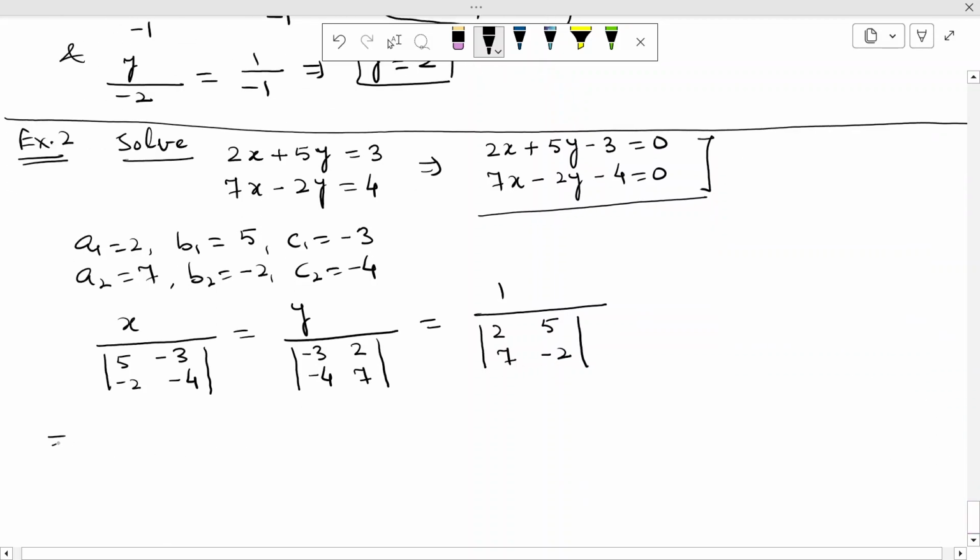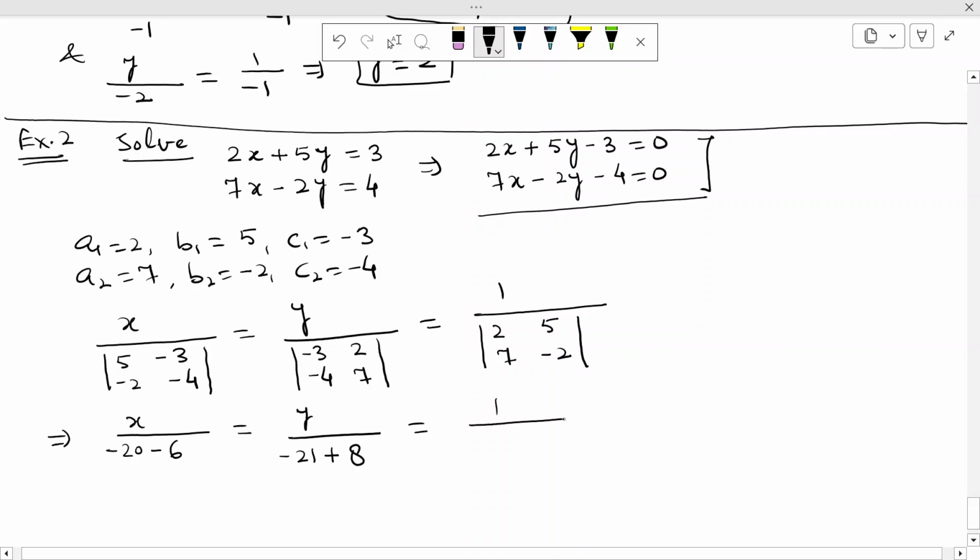So यहाँ से आपको मिलेगा when you perform the cross multiplication, so this is 5 into minus 4, which is minus 20. Now the product of minus 3 and minus 2 is plus, so we are already having a minus here, so this will be minus 6. And here we are having minus 3 into minus 7, which is minus 21. Now we are having minus 1 already, and this minus 4 into 2 is minus 8, so we are having plus 8.